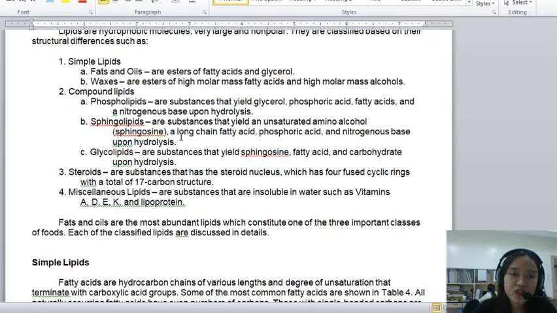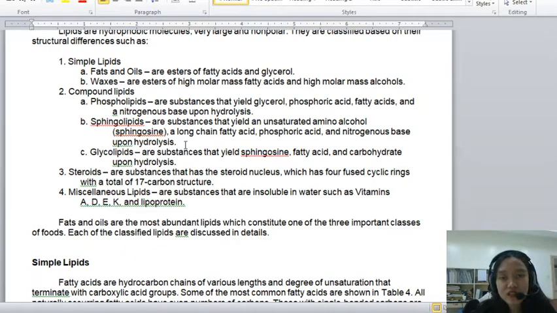So, yung example ng unsaturated amino alcohol natin, you call that sphingosine. Sphingolipids yield sphingosine, a fatty acid, phosphoric acid, and nitrogenous base upon hydrolysis. Next, you have glycolipids.